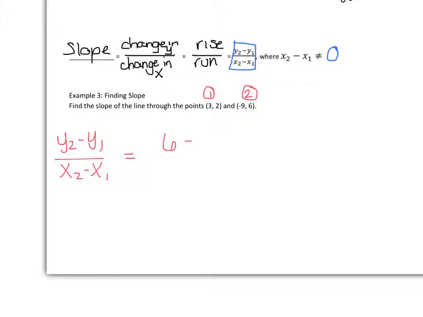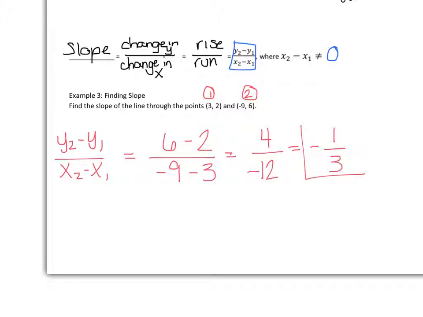Minus what's y1? 2. Over x2, which is negative 9, minus 3. You have to keep them in order or else it doesn't work. So we get 4 over negative 12. Now slope, we like to keep it in a fraction, so negative 1/3.